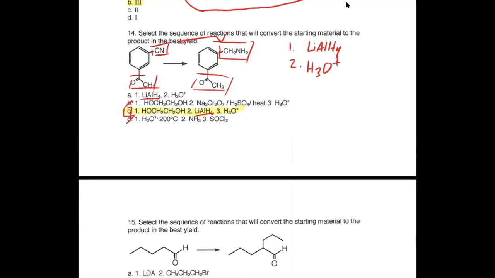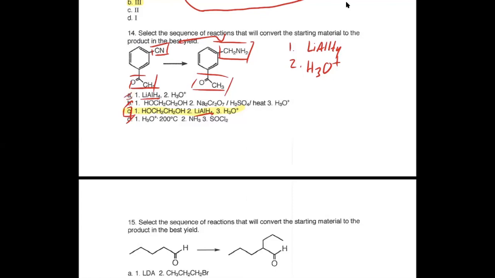An alcohol. You said it so confidently. So you definitely want to have the protecting group already on there, and not A.